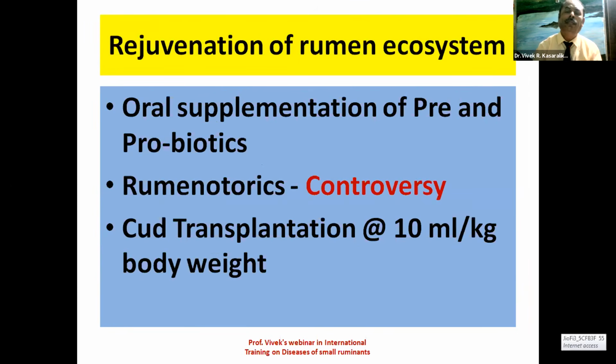Saccharomyces and yeast are more common in these pre- and probiotics than lactobacillus. But in human health, lactobacillus is also present in the prebiotic and probiotic oral supplementation. Okay, so that also can be given to improve the rumen ecosystem.